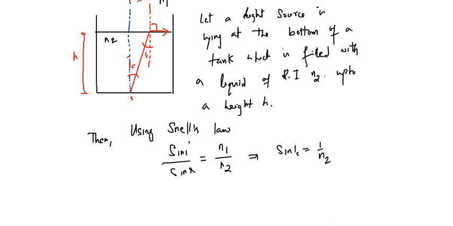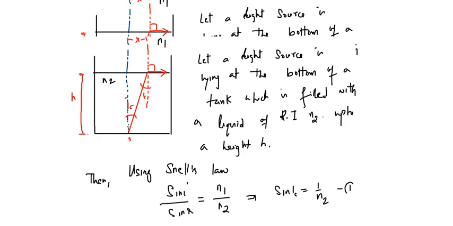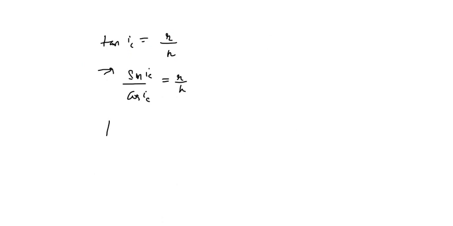Tan of IC would be R by H, or sin IC by cos IC is equal to R by H. The value of sin IC I know, but how can we determine cos IC? If we go back, let me name this equation 1, and this is equation 2.